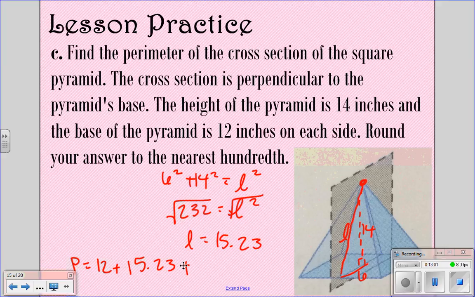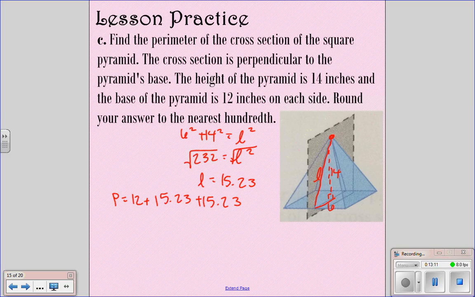So we're going to do 15.23. And so if you add those together, you should get 42.46. And then inches are units, so that would be your answer there. Okay?